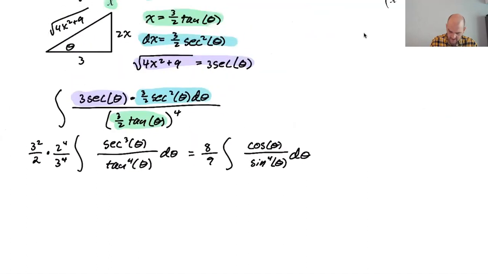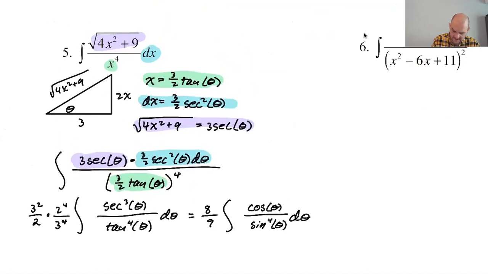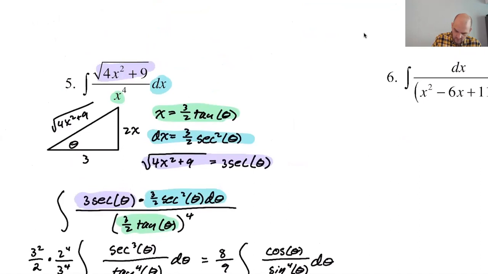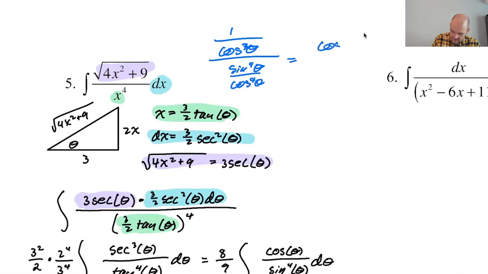I think. Where do I have some space to write that? What I did was 1 over cosine cubed over sine to the 4th over cosine to the 4th, which is cosine to the 4th over cosine cubed sine to the 4th, which gave me cosine over sine to the 4th.